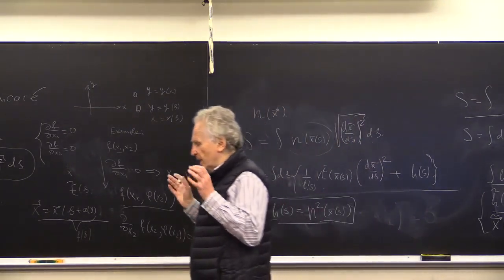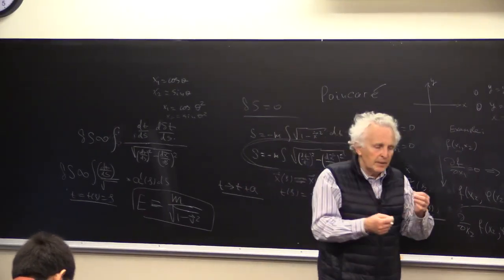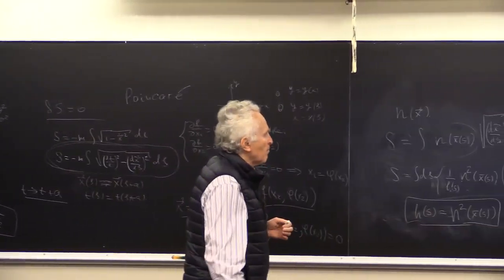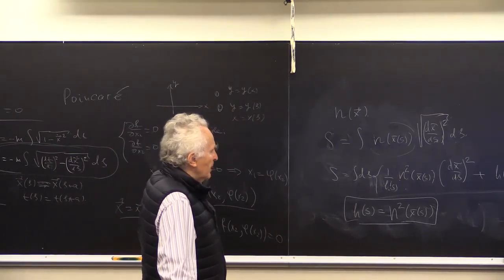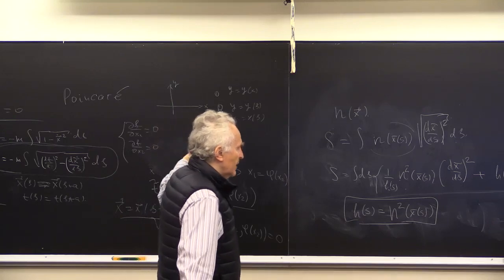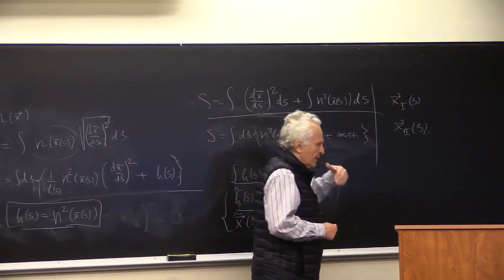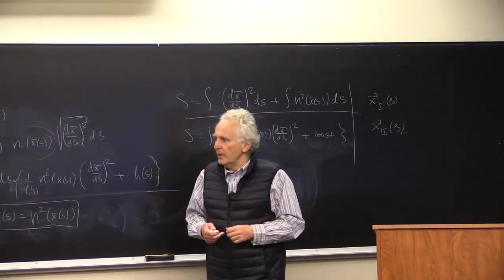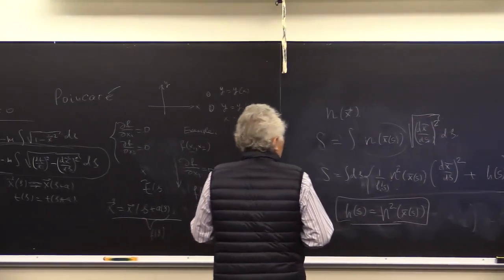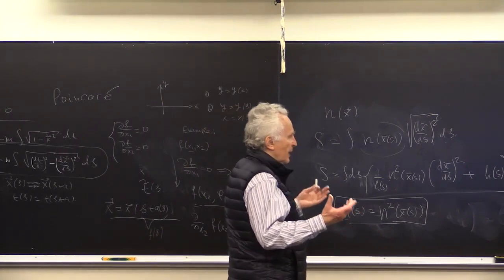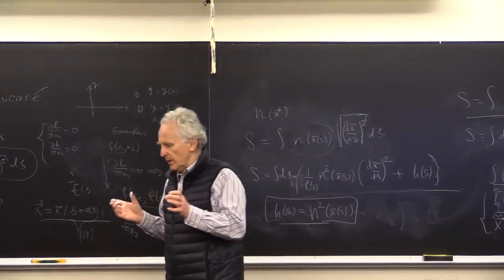By this relation, I mean that the equations should be the same, and when the particle moves in a potential, it should be related to a light ray moving in a medium. And to make it concrete, you have to answer the following question.